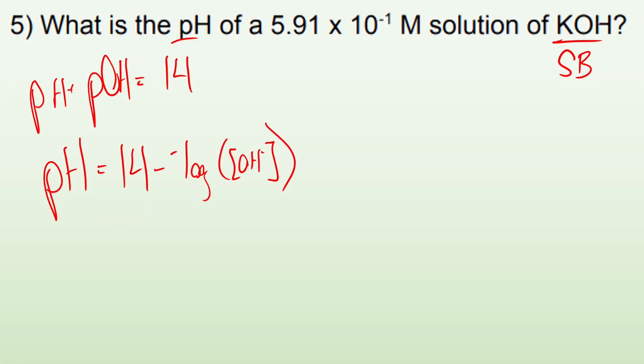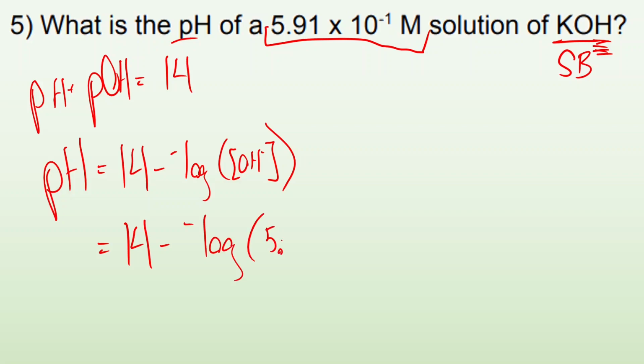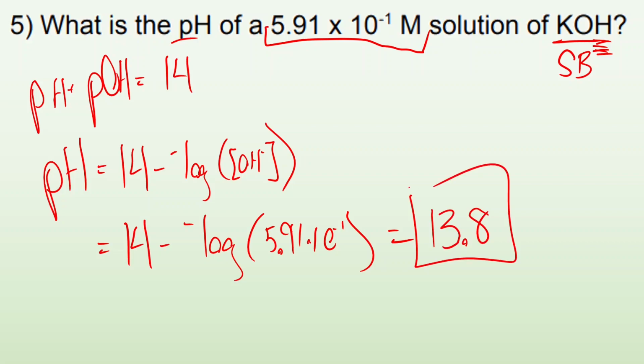Now, if this is a strong base with one hydroxide, that means this concentration is the concentration of the hydroxide ion. So I go, all right, 14 minus the negative log of 5.91 times 10 to the minus 1 molar. And when I pick up my calculator, I end up with 13.8 as my pH for that solution.